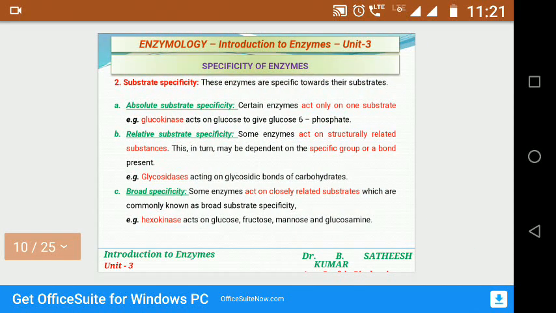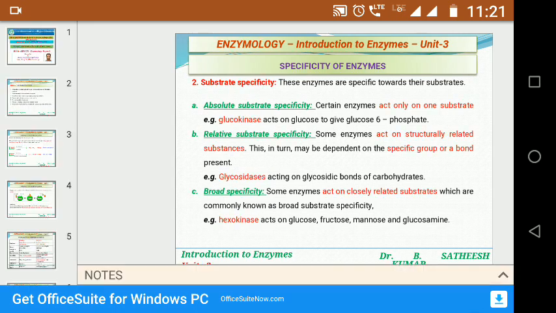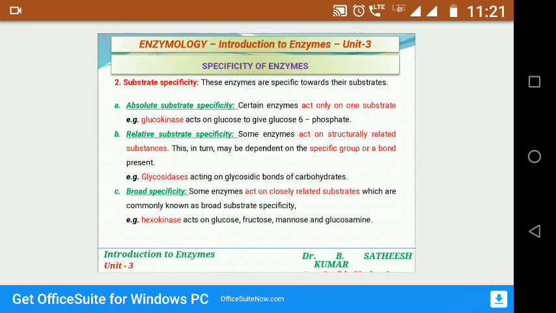And the third specificity is substrate specificity. This is a very important specificity when we discuss enzymes, because enzymes are very specific for their substrates. This substrate specificity is again subdivided into three categories. The first one is absolute substrate specificity, that means 100% substrate specificity.